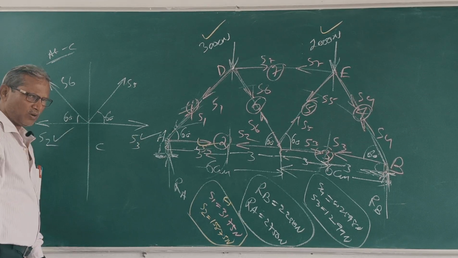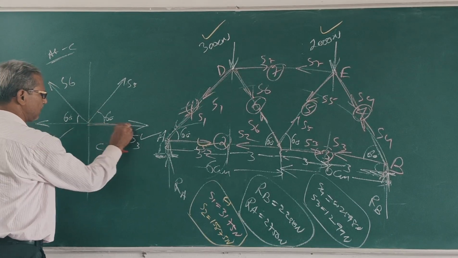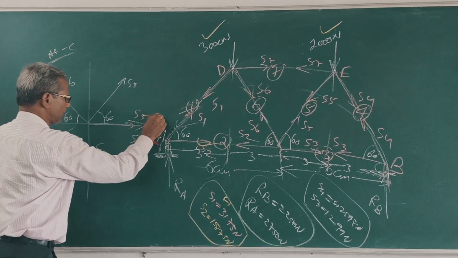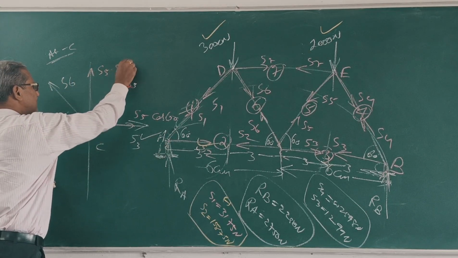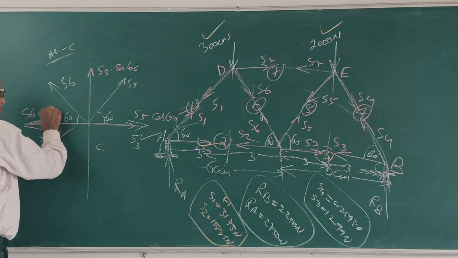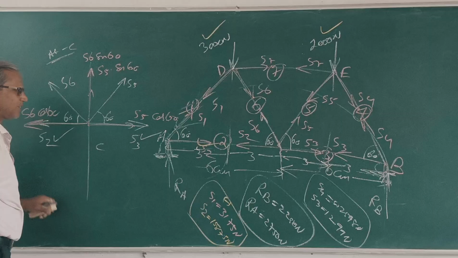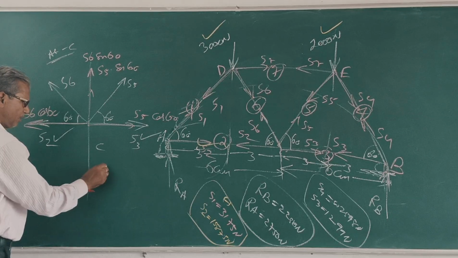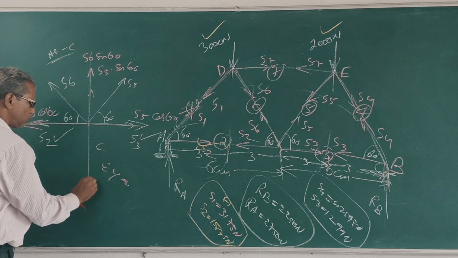Now resolve these two forces. This is S5 cos 60. What is this force? S5 sin 60. This is S6 cos 60. What is this force? S6 sin 60. Clear? Now make sigma y 0 and sigma x 0.